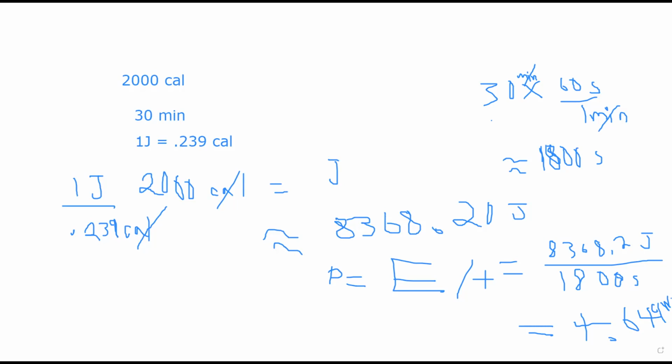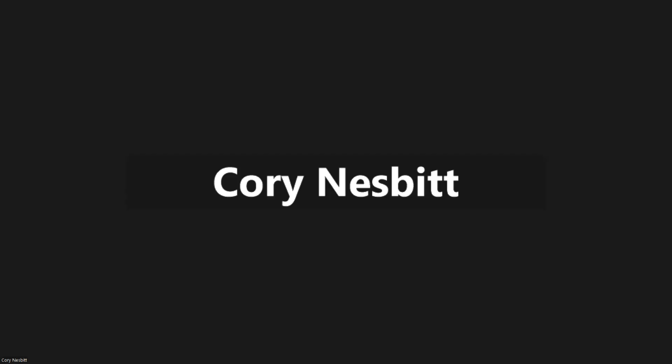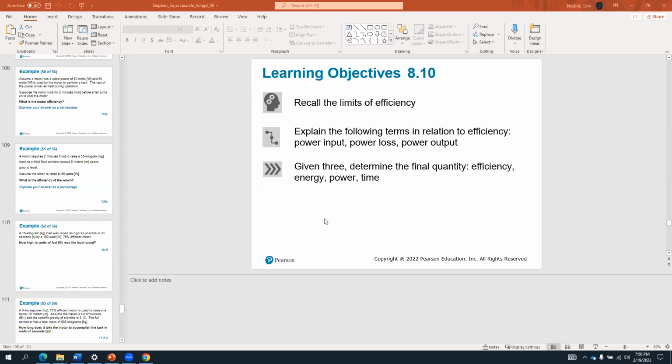Efficiency is a measurement of how efficiently the motor is operating. So you're either going to calculate the efficiency of the motor, or determine the output of the motor based on a certain efficiency.